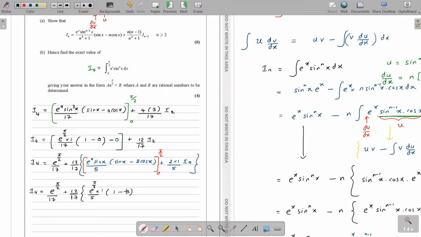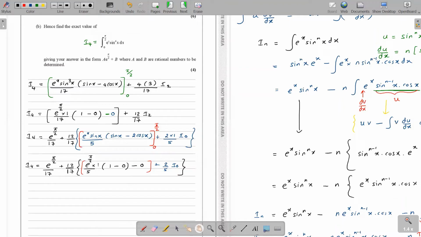Cos pi over 2 is 0. Minus, again you replace the x with 0. e to the power 0, sin 0. Sin 0 is a 0, which makes the whole thing 0. Right, that part is done. And then we have plus 2 over 5 I naught. Are you with me? Be careful with the brackets because this 12 over 17 is supposed to multiply with everyone.